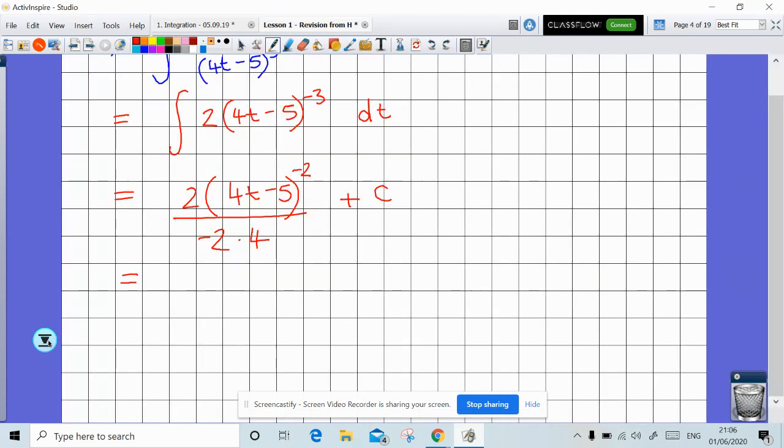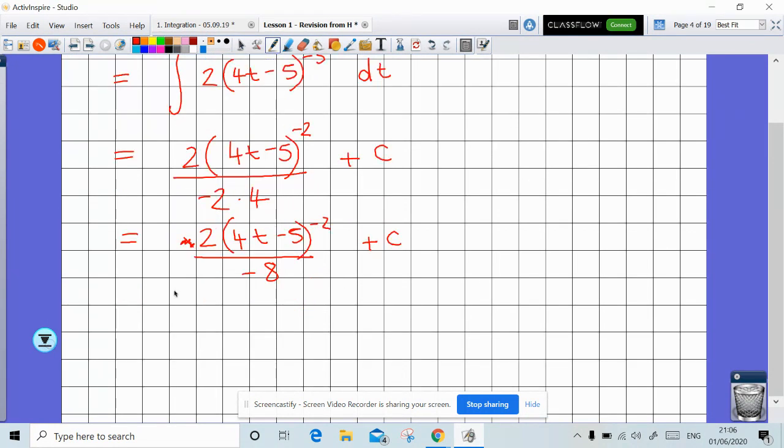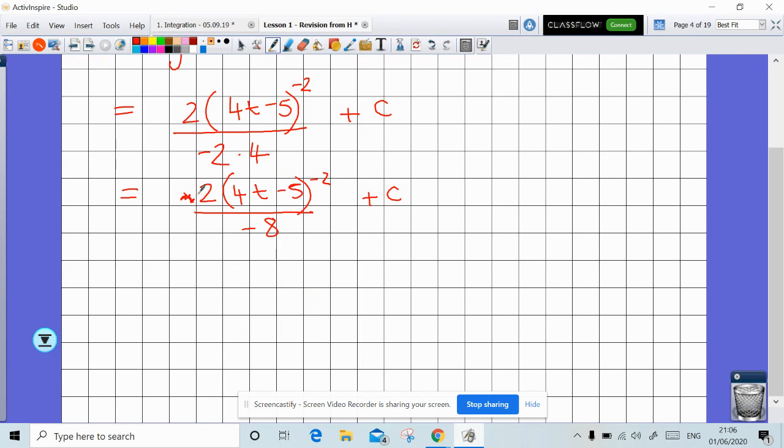So if we tidy this up a bit, what we're going to get here is 2 bracket 4t take 5 to the negative 2, and that's all over negative 8 plus c. Then obviously your 2 over negative 8 is just going to give you negative a quarter.